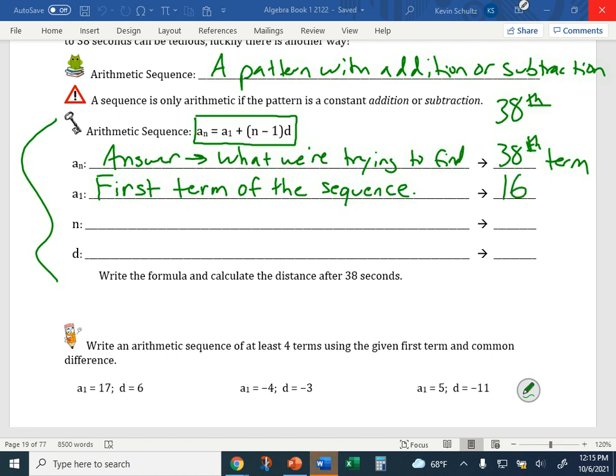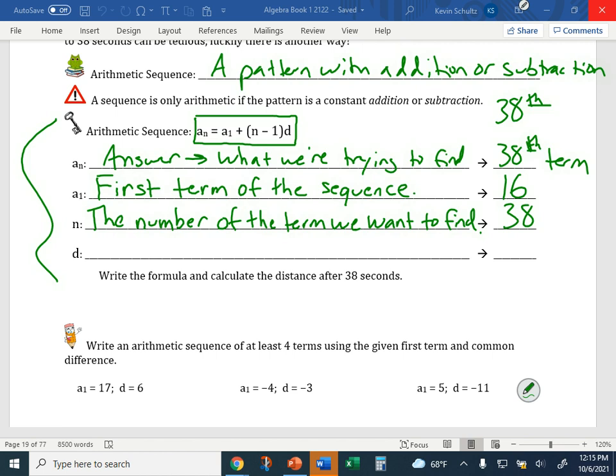So the first term of our sequence up above was 16. The n variable represents the number of the term we want to find, which again is going to match this answer piece, right? Because it's what we're looking for. So the number of the term we want to find is 38. That's what we were looking for, the distance after 38 seconds.